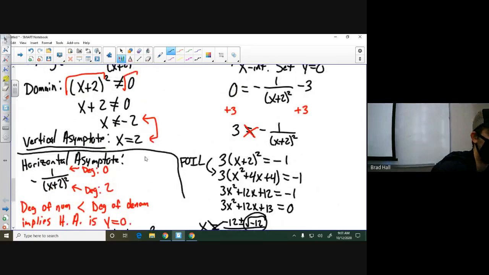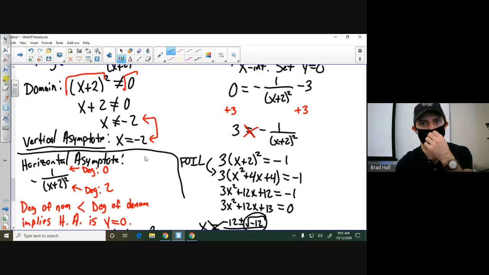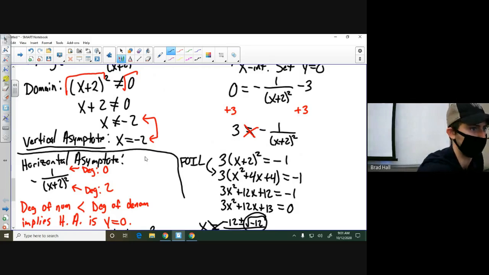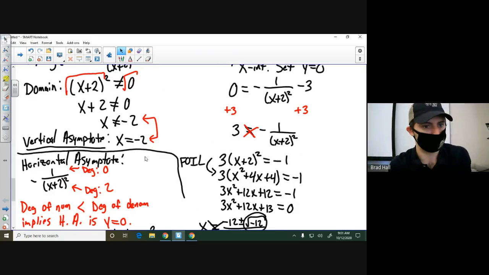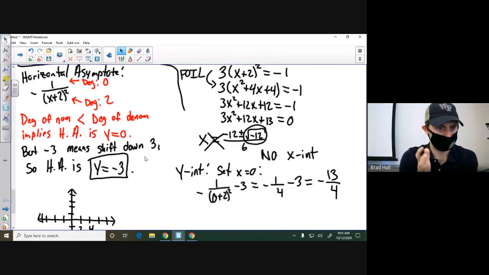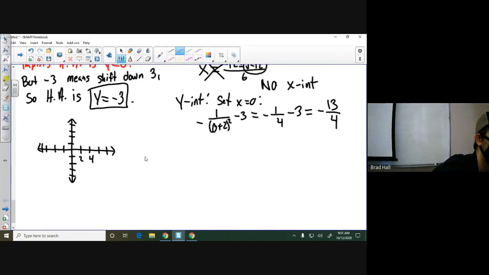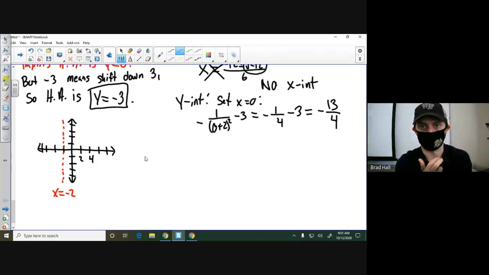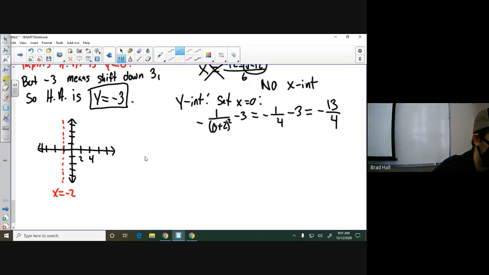Actually, that should be -2, my fault. It should be -2. It's the same value. I don't know why I changed it. So a vertical asymptote, vertical up and down, of -2. We found a horizontal asymptote of -3.